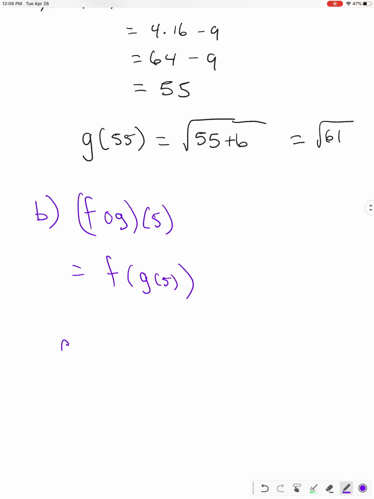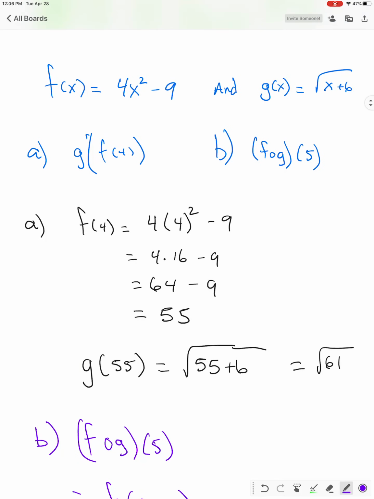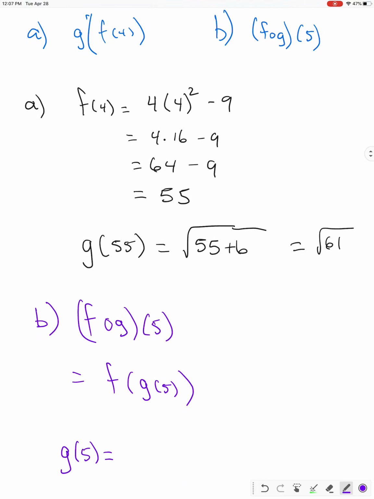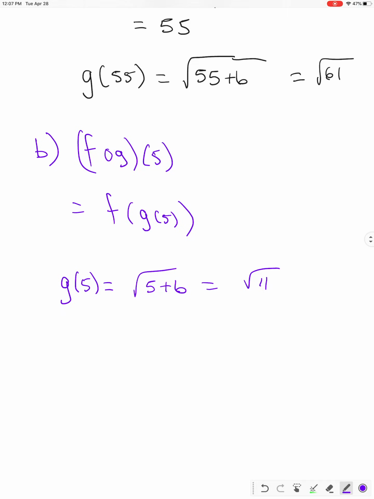So g of 5 equals, so g is up here, g of x is equal to square root of x plus 6. So g of 5 is the square root of 5 plus 6, which is the square root of 11.